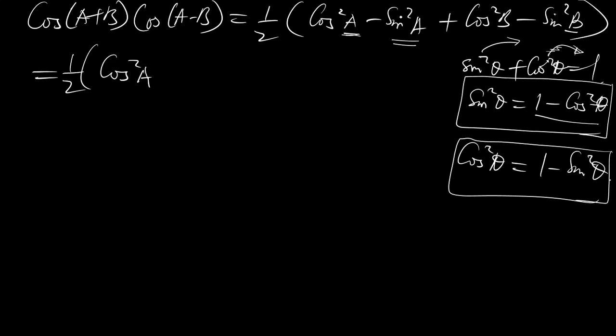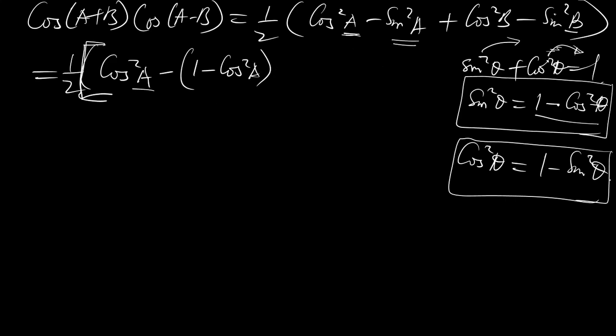So sine square A is equal to 1 minus cos square A. So we say minus, in brackets, 1 minus cos square A, since only the angle A will bear cos in the expression we want to prove.